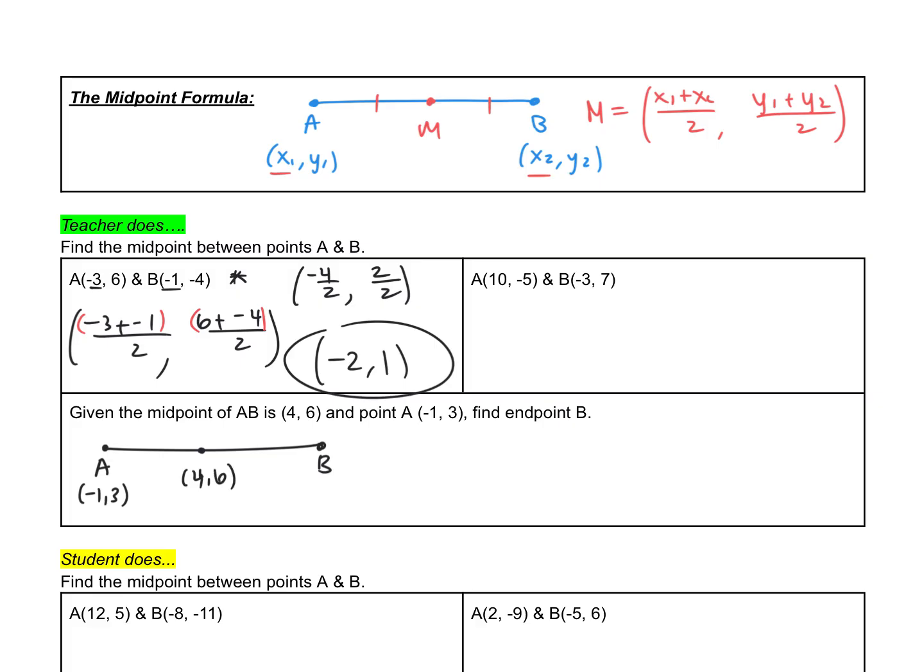Now, I'm going to put tick marks to show that this is the midpoint. We need to find point B. This is not the same as what we did above. Same idea, though, or a similar idea. We need to find the other end point. I don't know that point, so I'm going to call it XY.